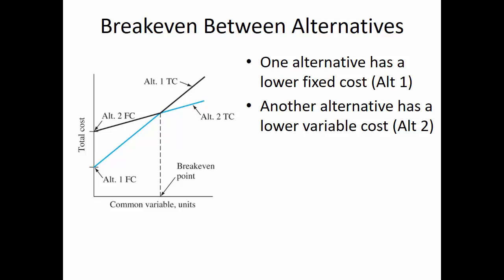You've got to give it a little electricity, maybe motor oil for the hinges. But unlike a person, where you don't have to pay as much to get the person in the door and working, the variable costs are higher. Okay, so that's why we've got two different curves. Just think of, for instance, robot versus person. What this break even means is the point at which you should use one option versus the other.